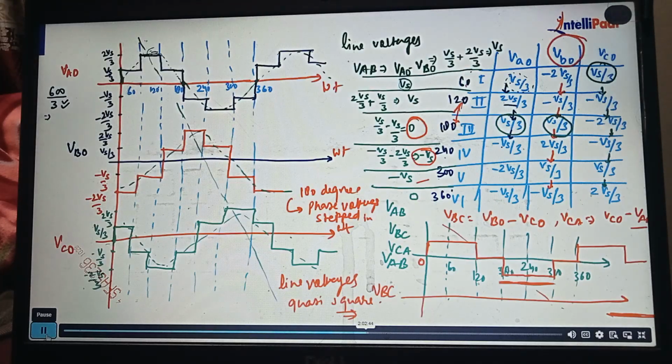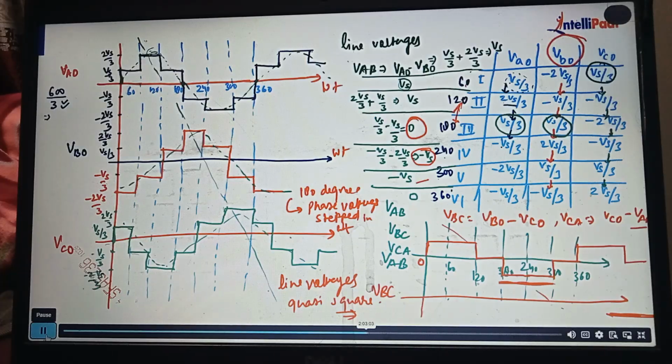Right? So suppose I am operating my charger in open loop with this type of operation I told you for conversion, but generally PWM converters are preferred. But suppose you are connecting a charger, and the inverter of the charger is operating in 180-degree mode of conduction. Then the line voltage will have more harmonics, or your phase voltage will have more harmonics.